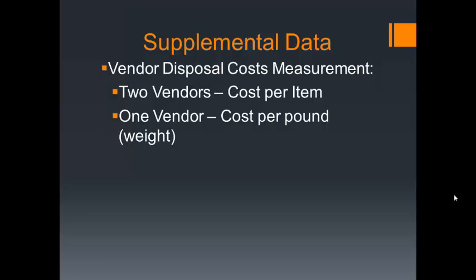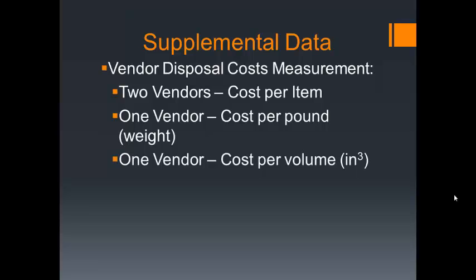Certain items were 10 cents a pound, certain items were 15 cents per pound. The last vendor did cost per volume, measured as a 48 by 48 by 52-inch box on a pallet, and that was measured as cost per that volume on the pallet.